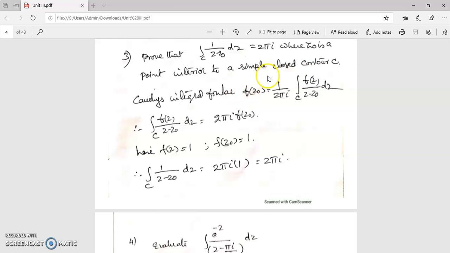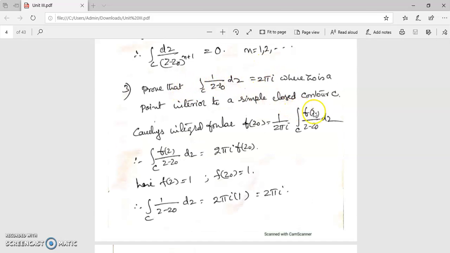Here fz is equal to 1, and f of z naught, the point is at z naught only, is also 1. Therefore, integration of 1 by z minus z naught over c dz is equal to 2 pi I into f of z naught.